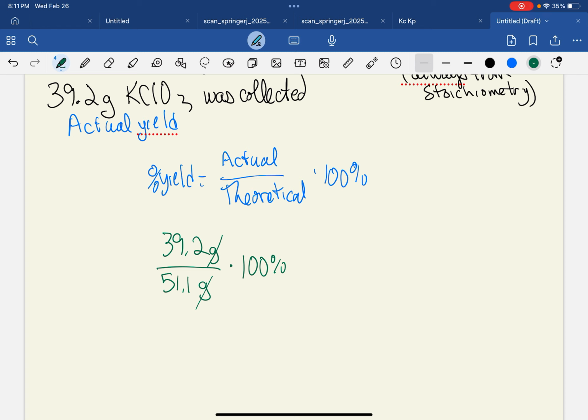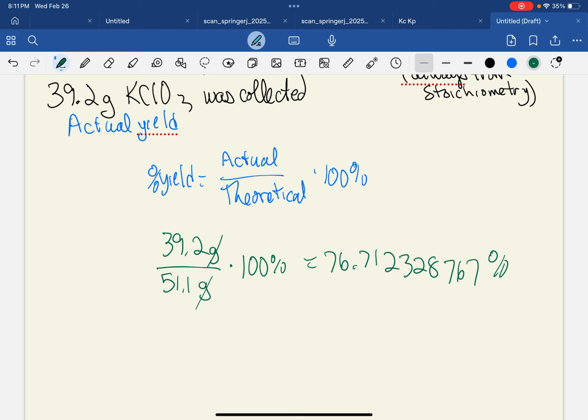So 39.2 divided by 51.1 times 100, and I get 76.712328767%.